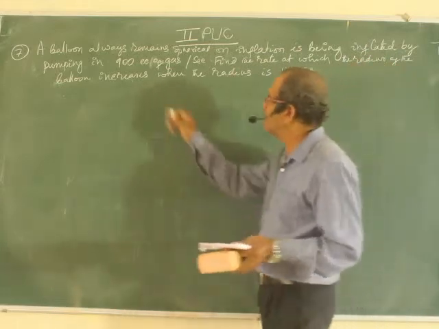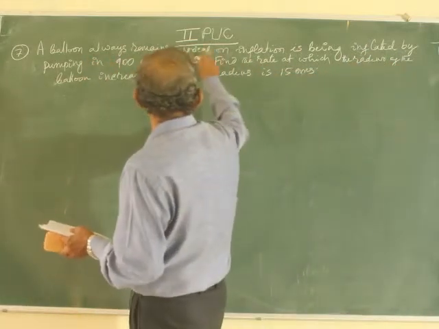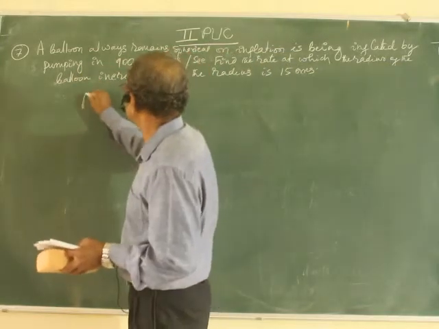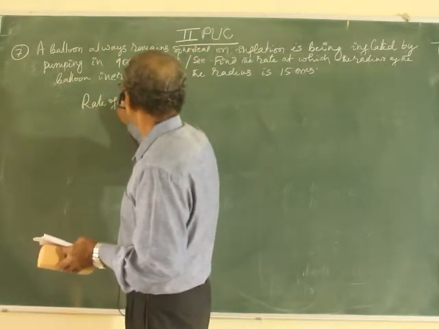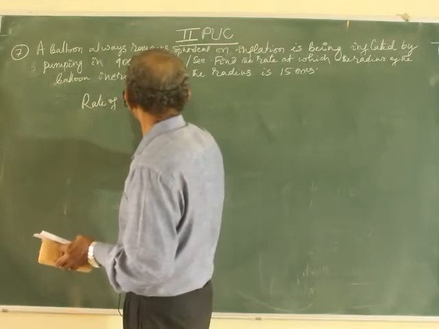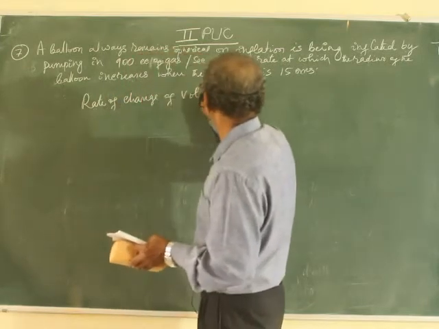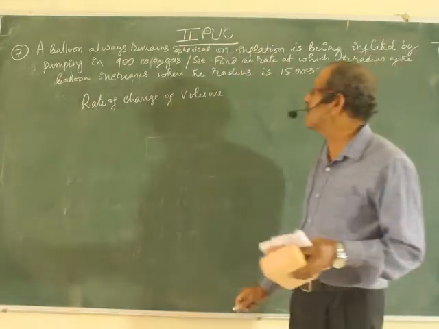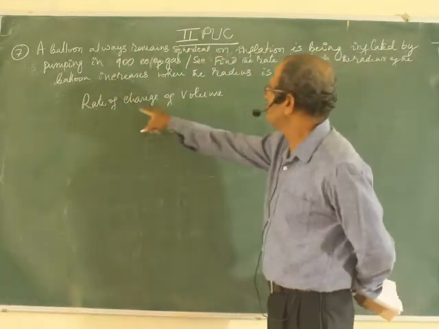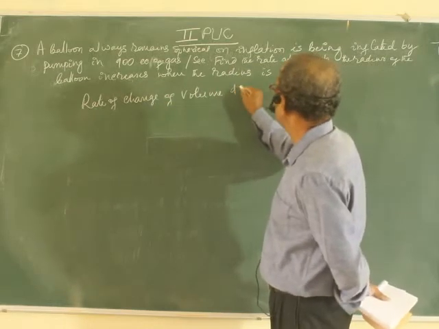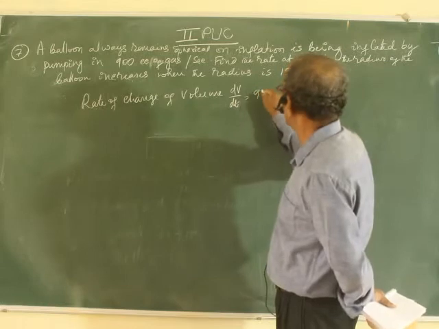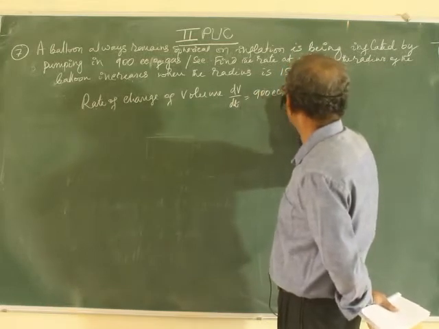Now, let me write one by one. Filling the air means it is the rate of change of volume, actually volume of the gas. So the rate of change of volume, dV by dt, equal to 900 cc per second.